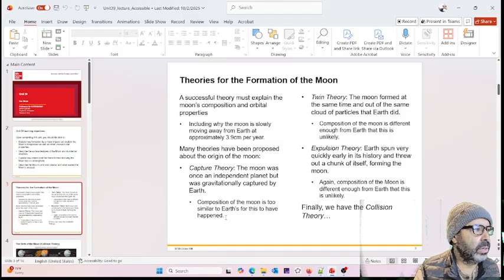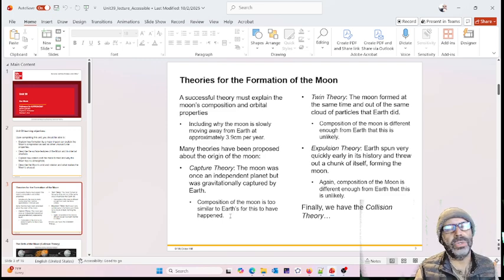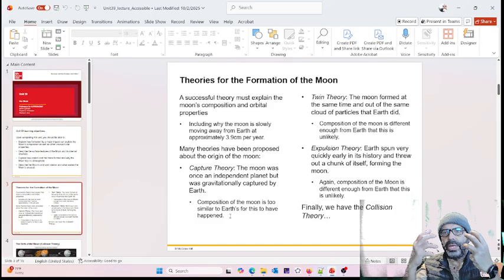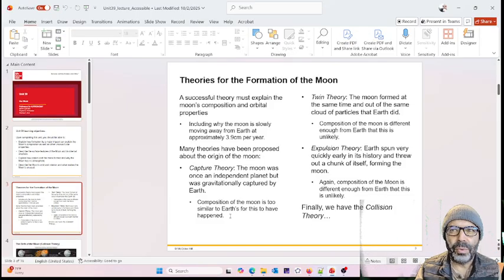However, this is not a good theory because the moon is too similar to Earth. We have seen so many similarities between Earth's composition and the moon's composition that they must have been in contact at some point in the past.